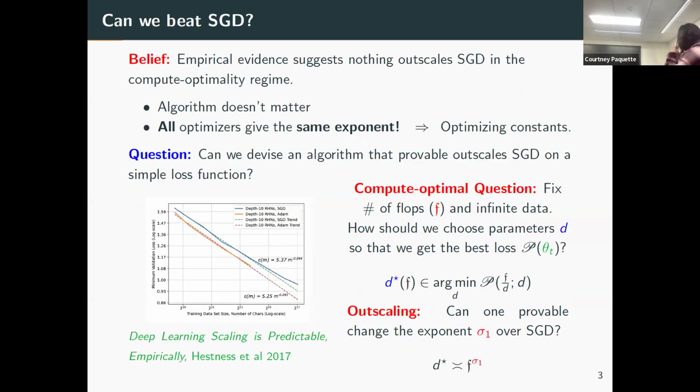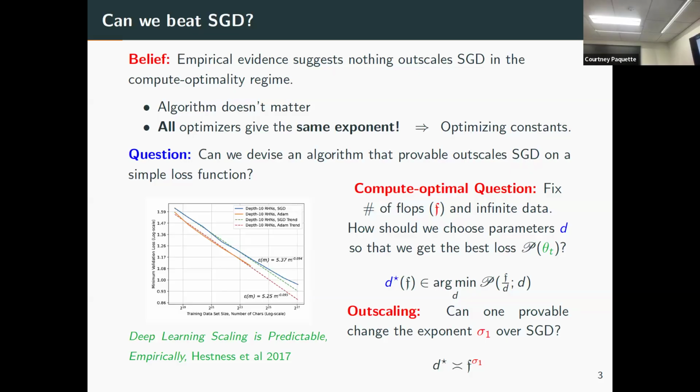All right. So there was another big question that was out there, and I don't know the answer to this empirically. There's reasons for this, which is that there's evidence which says that nothing can actually beat SGD. So all your algorithms don't really matter. All algorithms give you the same exponent, and what you're doing is you're just optimizing constants.